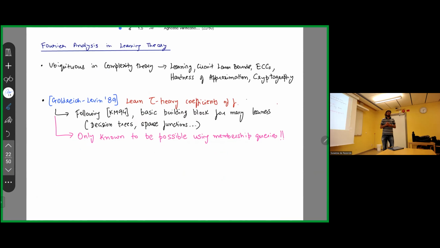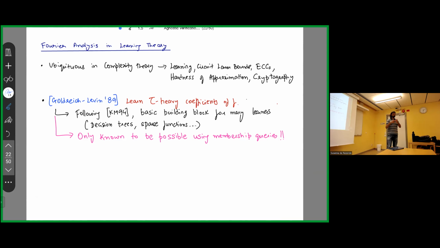Fourier analysis is ubiquitous in many areas of complexity theory, including learning, lower bounds, error correcting codes, and cryptography. There are thousands of applications of it. In particular, the focus on learning theory here is through the lens of Goldreich-Levin, which shows how, for any Boolean function f, you can learn all its tau-heavy coefficients using membership query access to f.